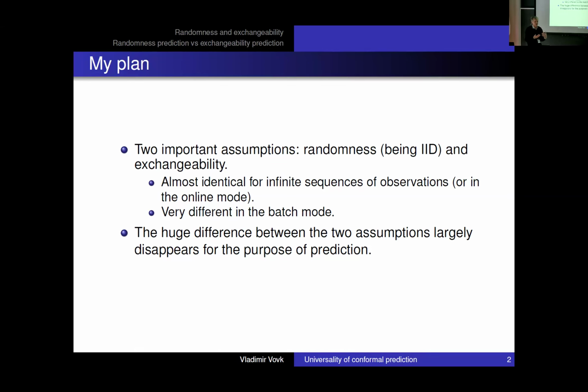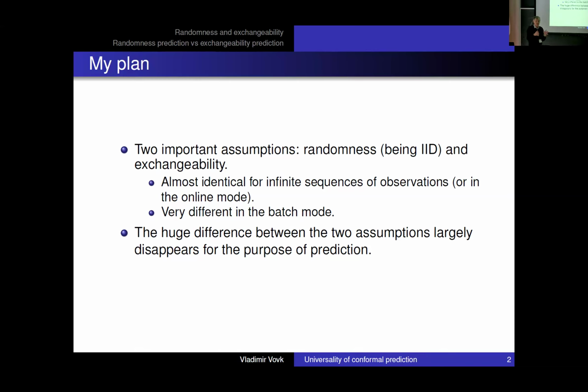People were using this language. Okay, so one assumption is exchangeability. Conformal prediction depends only on this assumption. Another assumption is randomness: the data is IID. This is what people in machine learning are willing to accept.